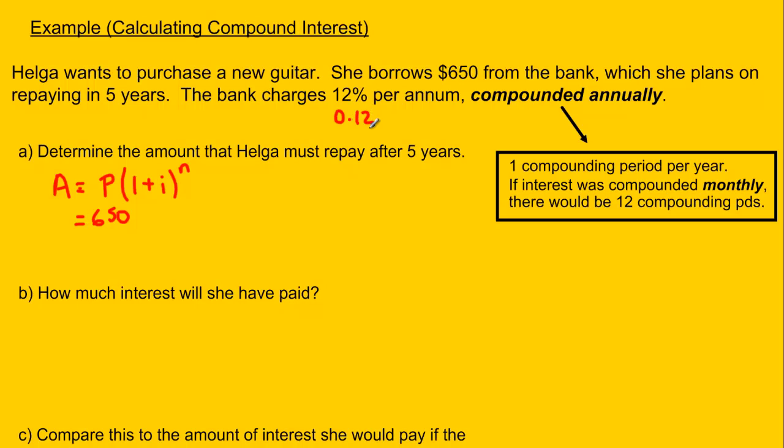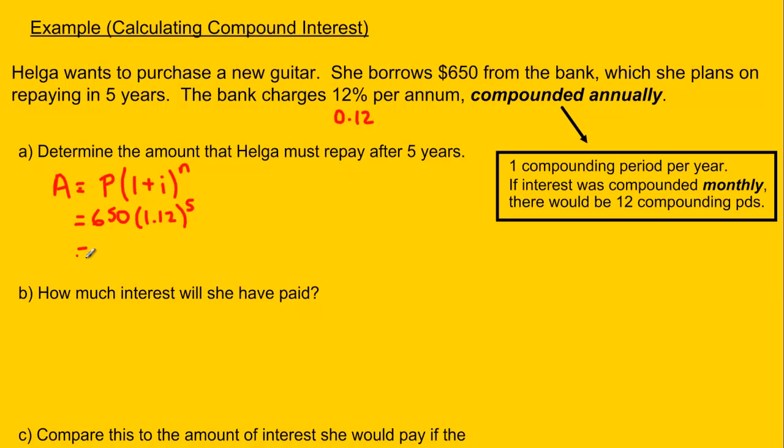Inside the brackets, though, we're going to write it as 1 plus 0.12, so we'll write 1.12. And now the number of compounding periods. Because she's repaying after 5 years, and we compound every year, every year for 5 years is just equal to 5. So in this case, n does equal the number of years, 5.